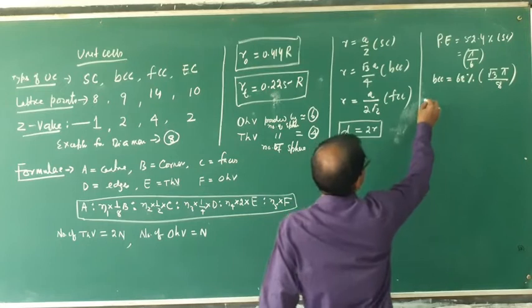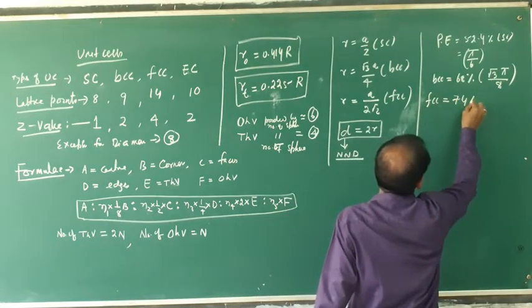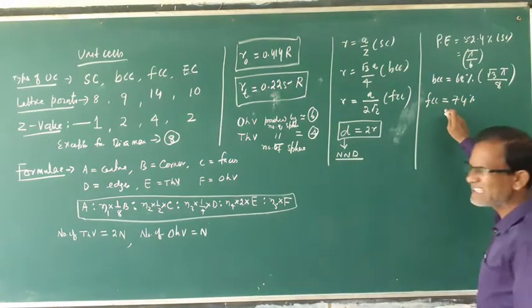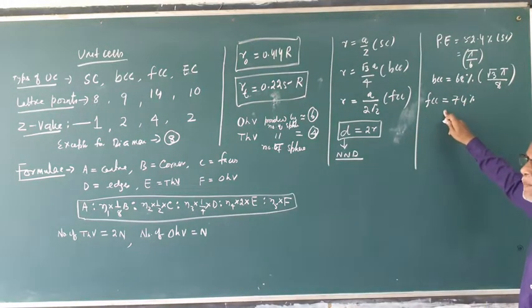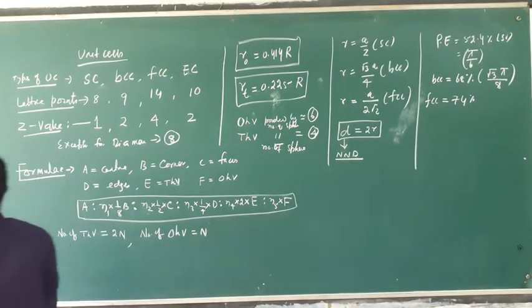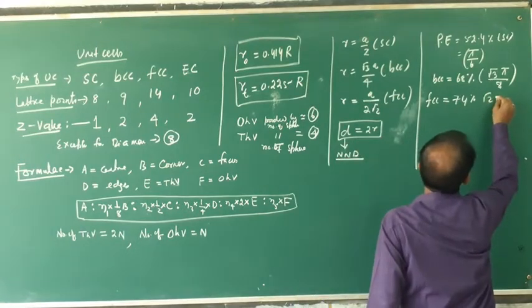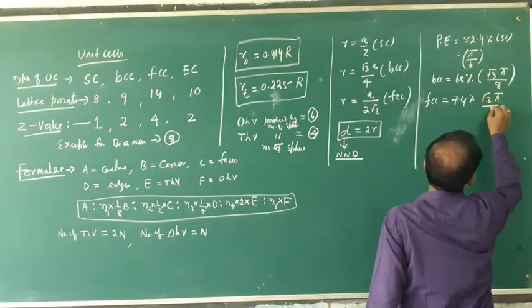Then for FCC, it is 74%, meaning maximum space is occupied by spheres in FCC type. The unoccupied space is less. 74% using pi is how much? It will be root 2 pi by 6.